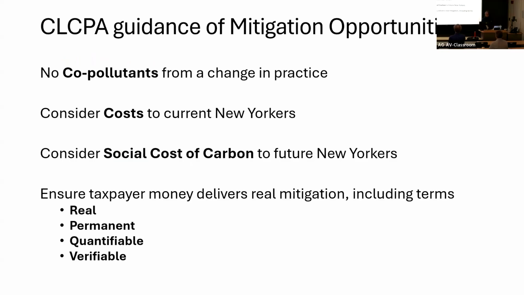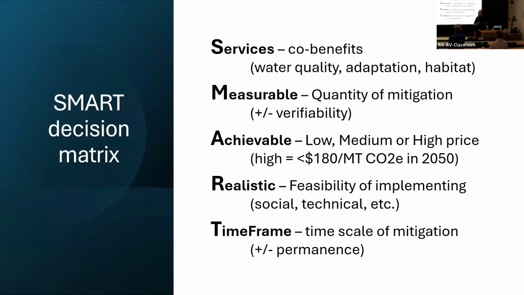quantifiable, and verifiable. So one of the things we did was we developed the SMART decision matrix, right? It has 5 components where the services refer to the co-benefits from the change in practice. So if you do this greenhouse gas mitigation, you also have a co-benefit of improving water quality. The M refers to measurable, which is the quantity of mitigation and the degree to which it is verifiable.